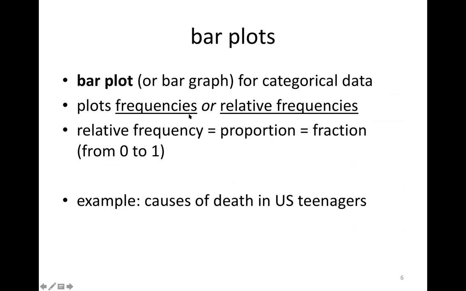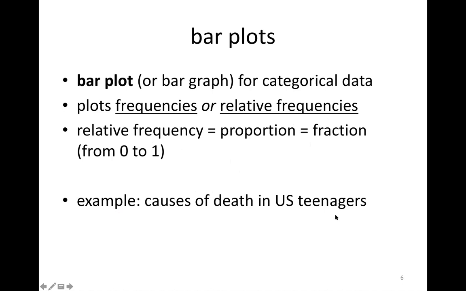Frequency we already learned last week, so the number of occurrences of a certain type of categorical variable in a sample. That's the frequency, and relative frequencies are just scaled versions of frequencies. If we divide the frequency of each type of observation by the total number of observations, the sample size, we get a proportion or a fraction, and that's relative frequency.